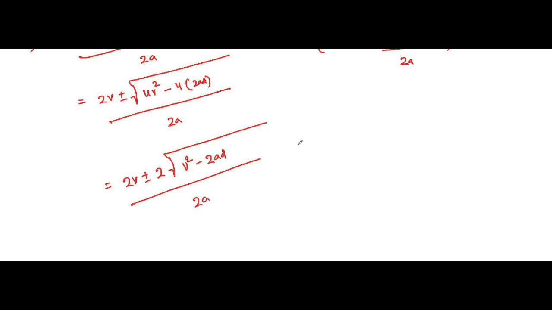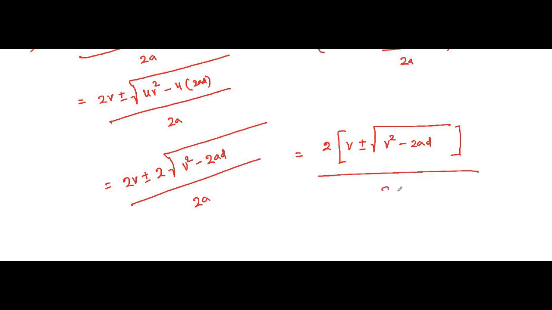So here 2 will get cancelled again. It will be in the form of 2 into v plus minus root over of v square minus 2ad by 2a. 2 will get cancelled. This is the value of t.